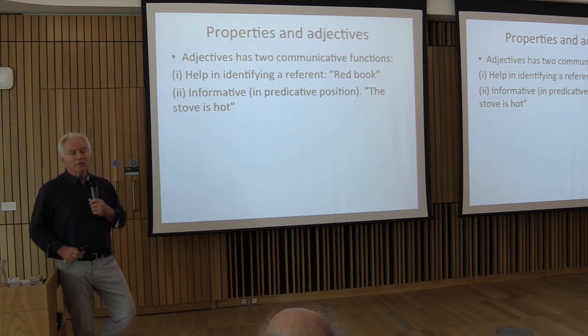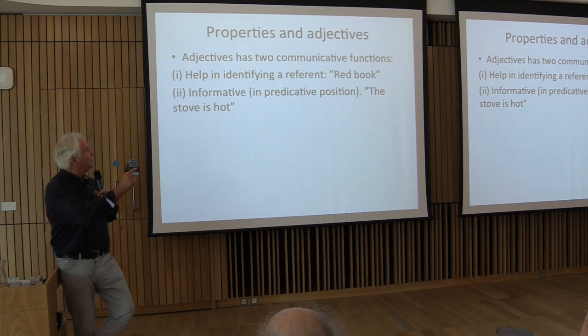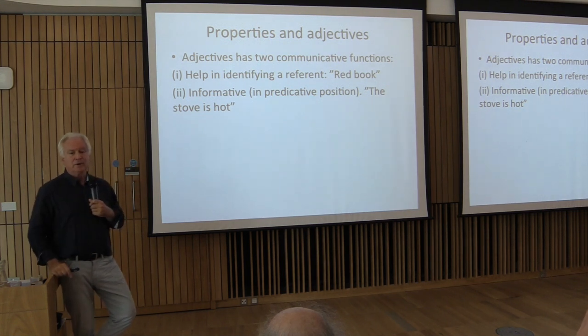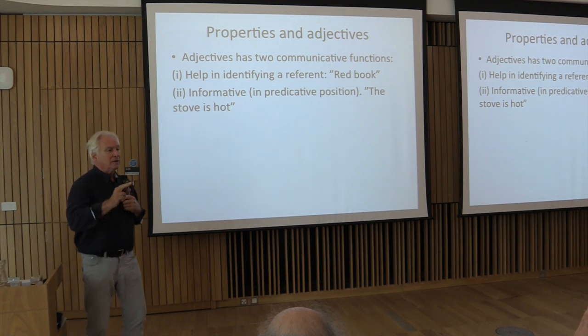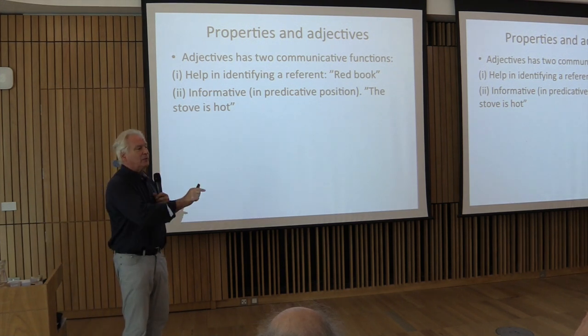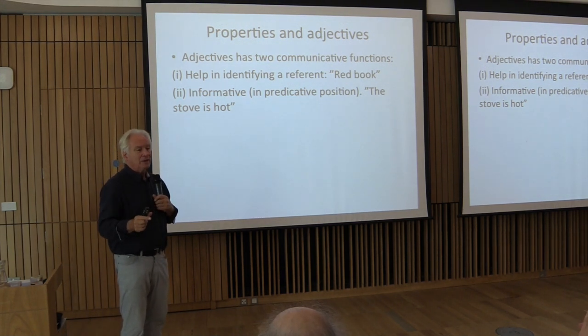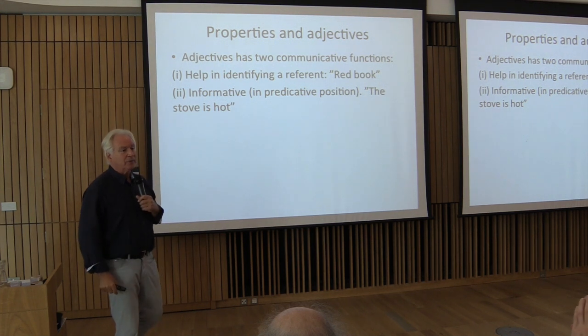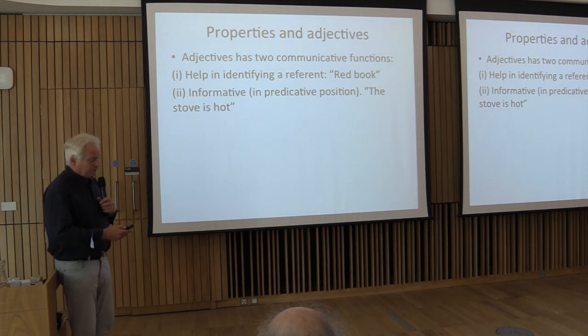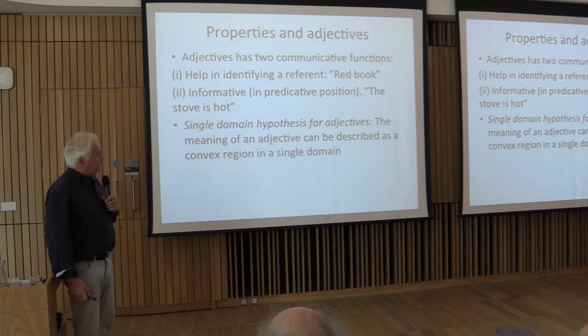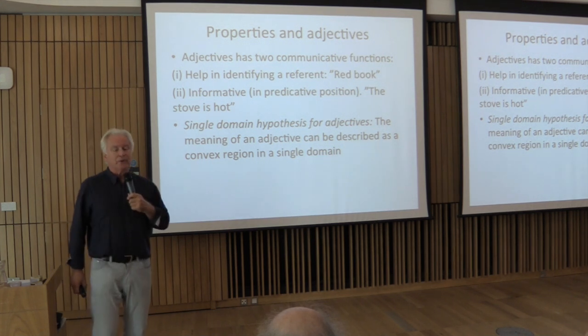But there are actually languages that have two word classes, one for the referential use and one for the predicative use. So it's not obvious that you have to classify these two functions into one word class. They can be separated. But anyway, they have a lot of properties in common.